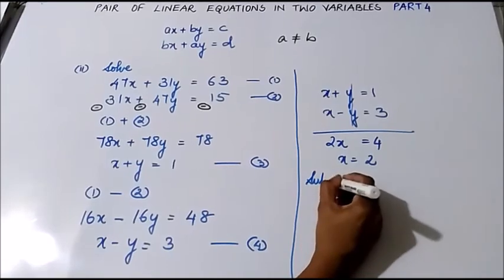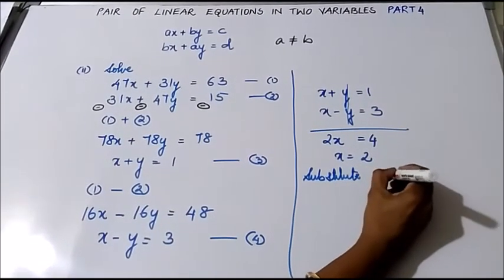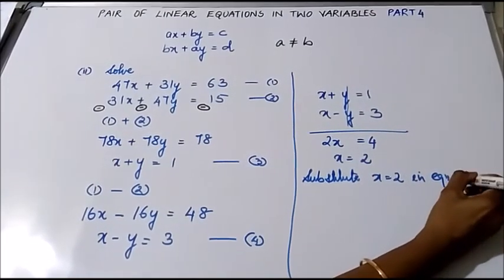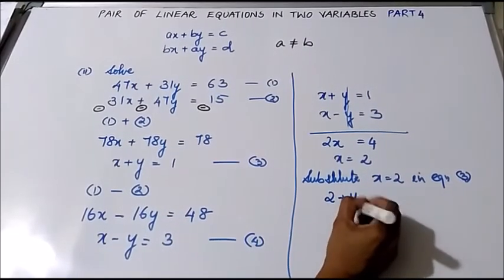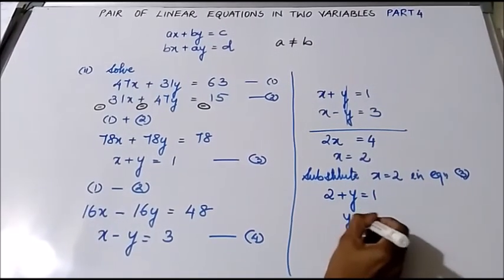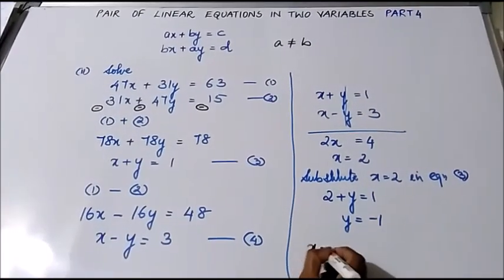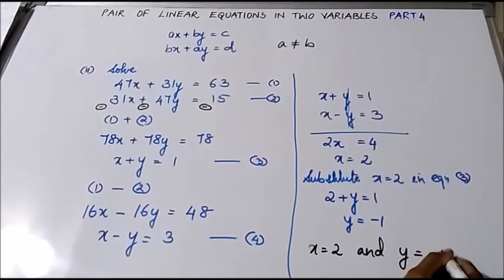Now substitute x equal to 2 in equation 3. What is the third equation? x plus y, that means 2 plus y is equal to 1. y is equal to minus 1. So your solution will be x equal to 2 and y is equal to minus 1.